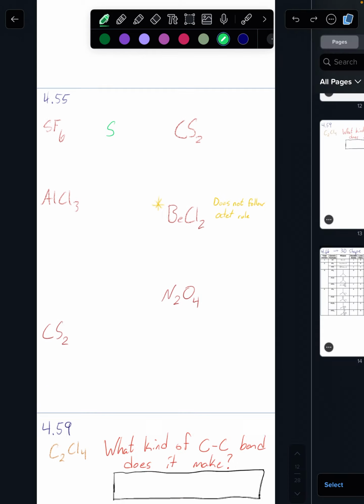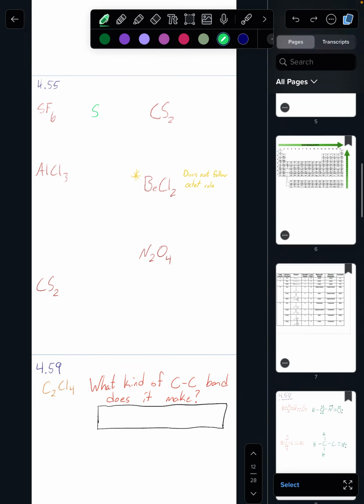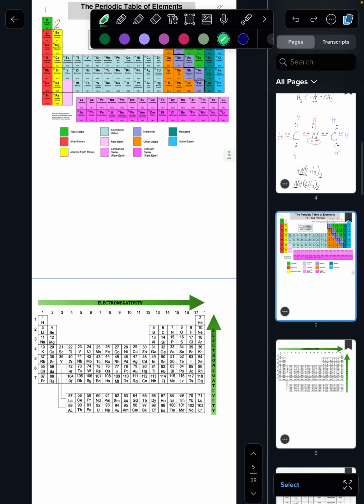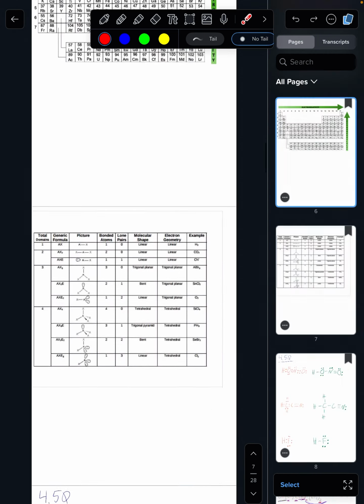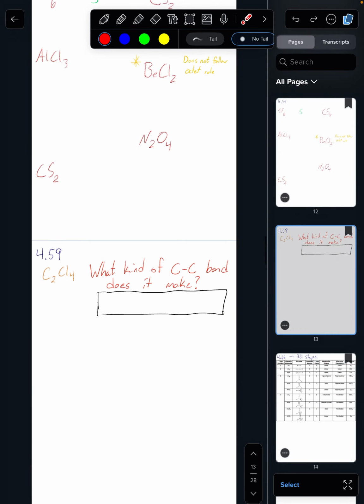So again, going back to a periodic table. No, I was right. It was fluorine. You know, fluorine's going to be a 7. And our sulfur is a 6. Okay?